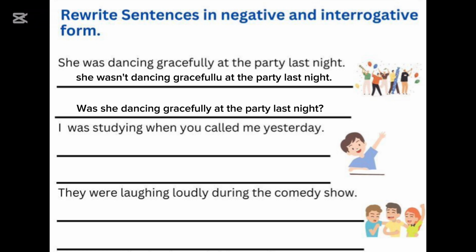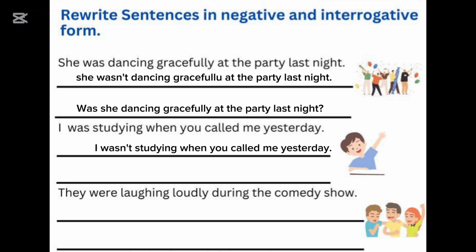For the second sentence, I was studying when you called me yesterday. So here I should only change the first past progressive verb into the negative form. Yes, I add not after was. So it is I wasn't studying when you called me yesterday.